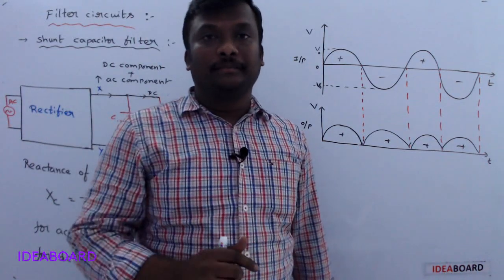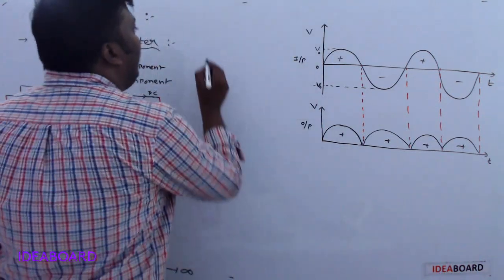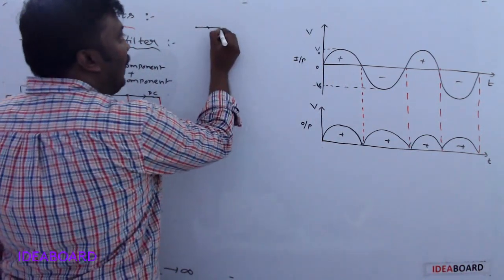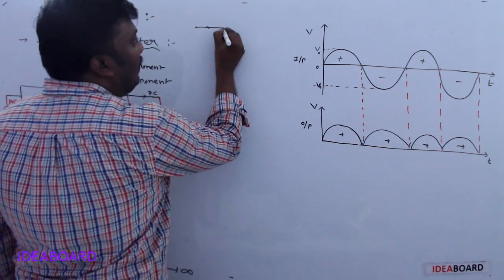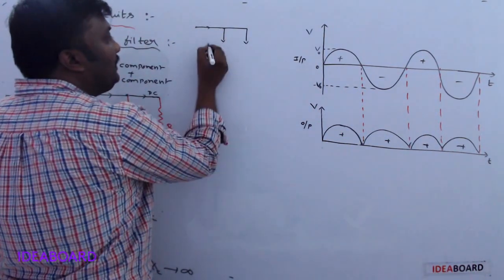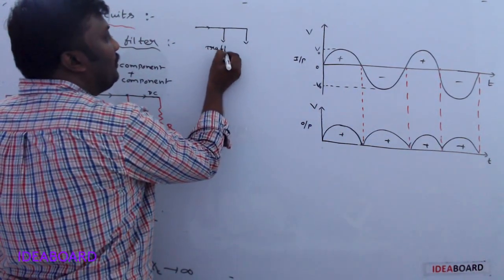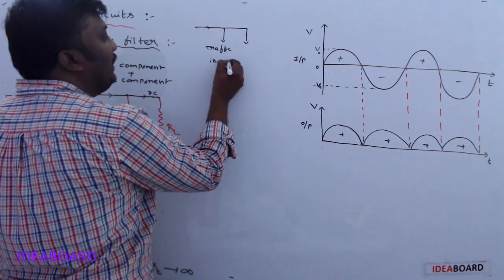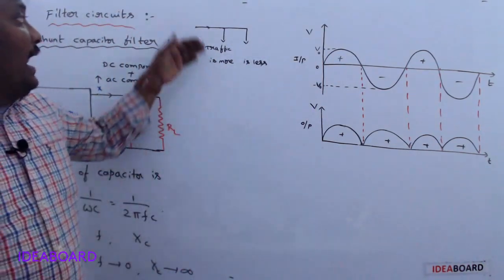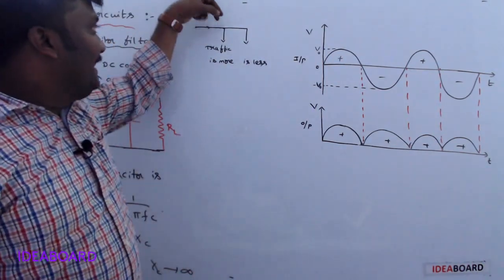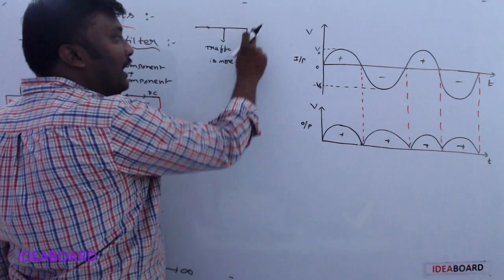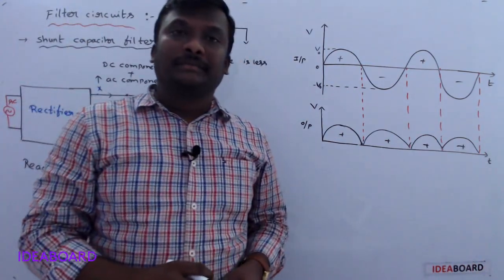What about AC? To understand this, suppose I am traveling in a car and after a certain distance I observe two paths. In one path traffic is more, in the other path traffic is less.